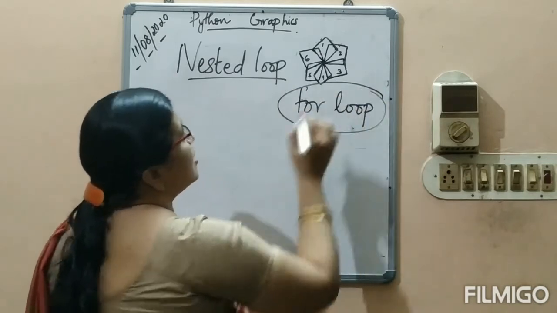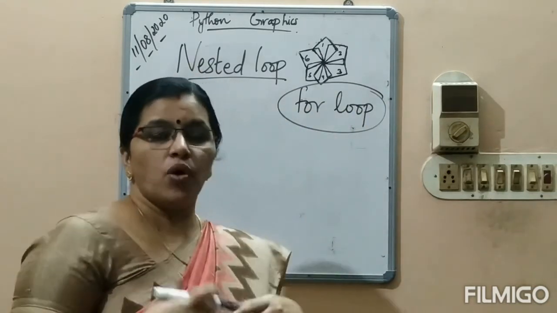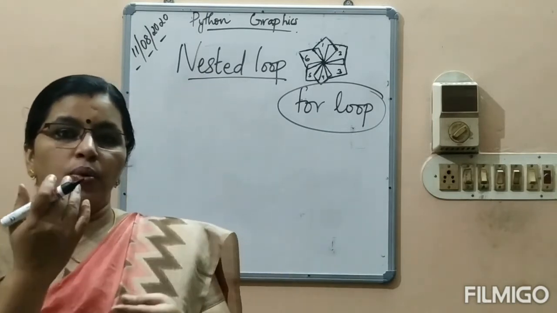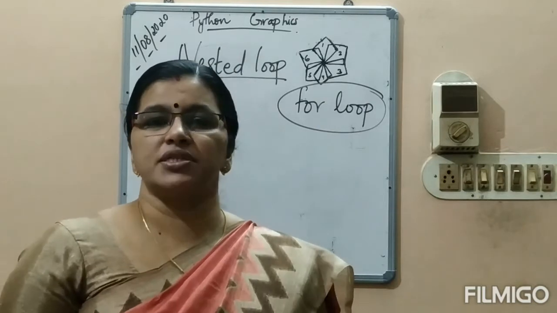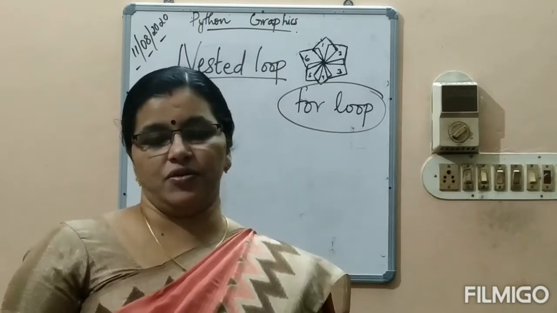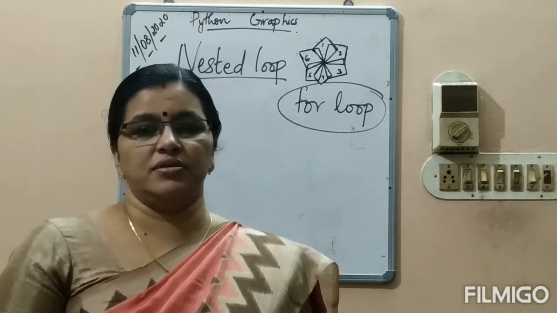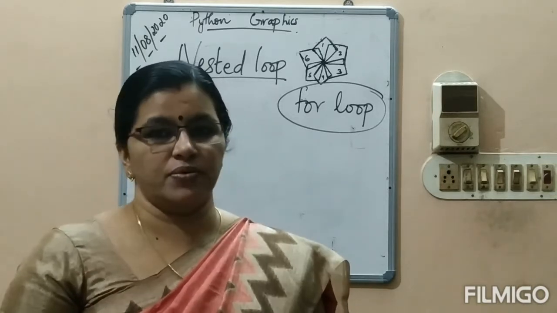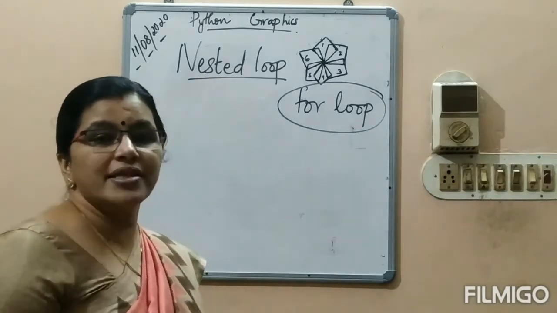Today we are going to learn nested loop. What is nested loop? One loop within another loop is called nested loop. ഒരു ലൂപ്പിനകത്ത് വേറൊരു loop. That is called nested. How to write the nested loop.